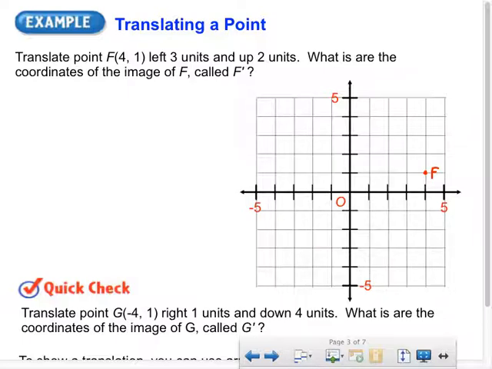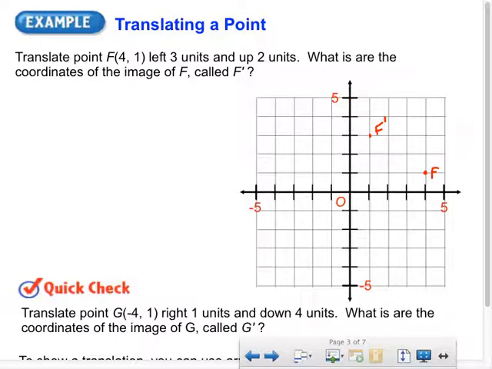You'll see in a moment. Nice. Go ahead. So he went left 3 units, up 2 units. Rayhan, thank you for not breaking my board today.